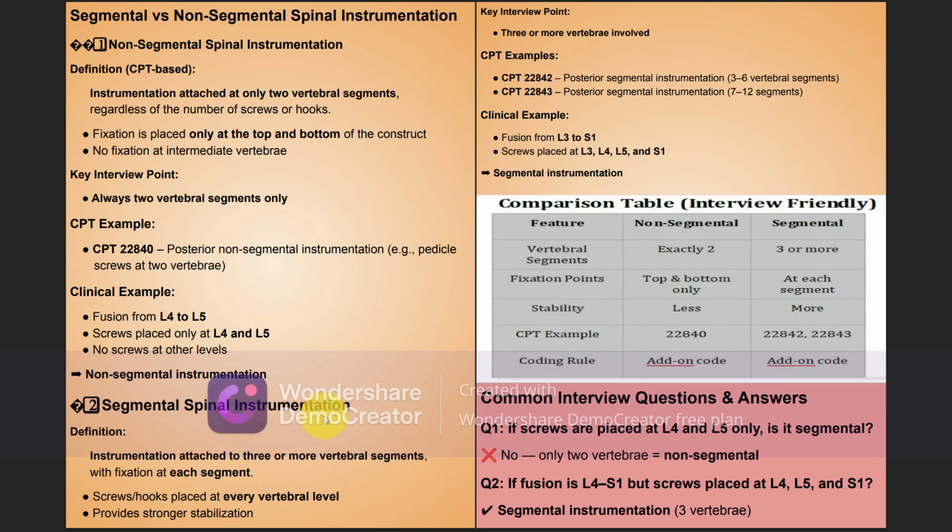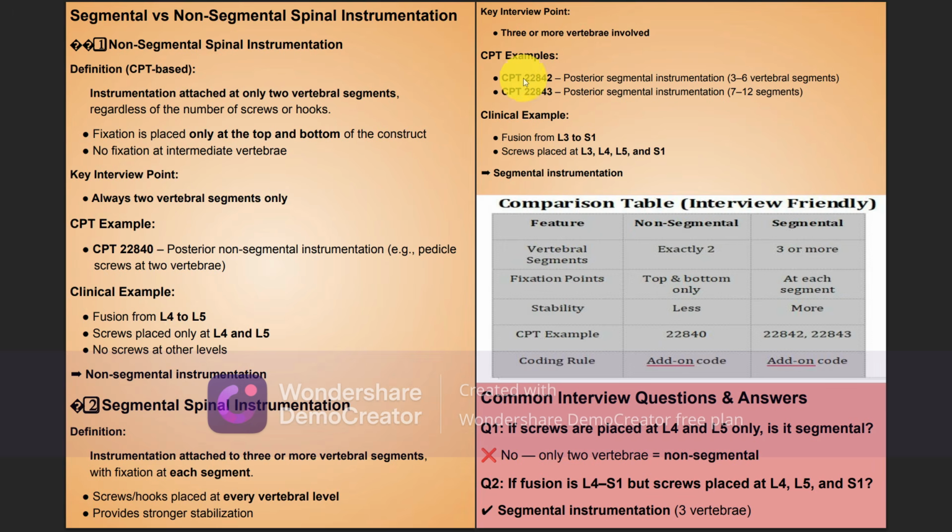Segmental spinal instrumentation definition: instrumentation attached to three or more vertebral segments with fixation at each segment. Screws or hooks are placed at every vertebral level, providing stronger stabilization. Key interview point: three or more vertebrae involved.